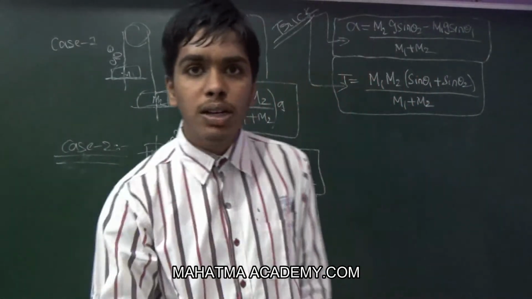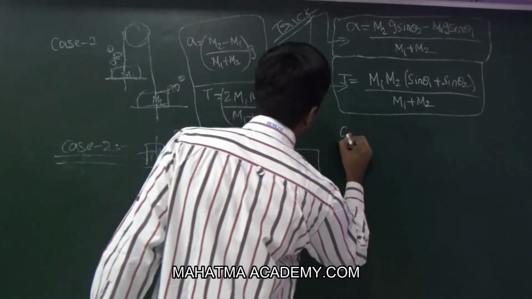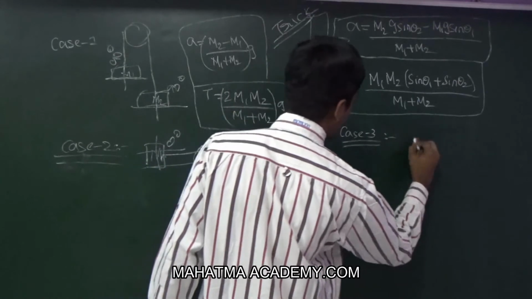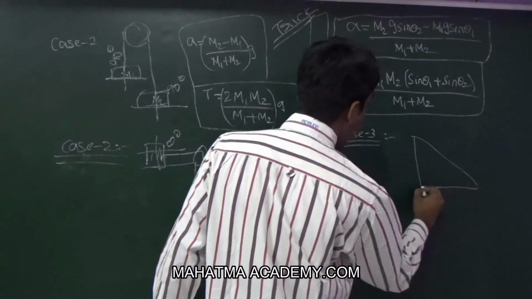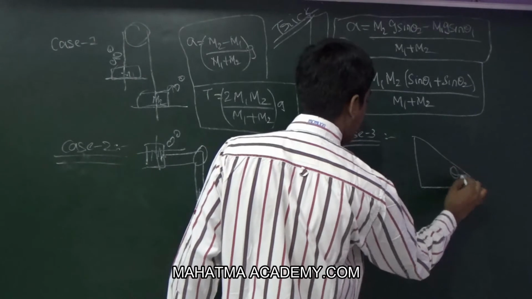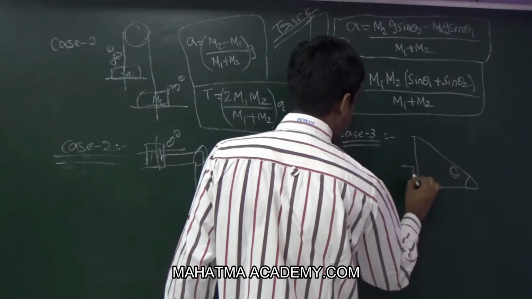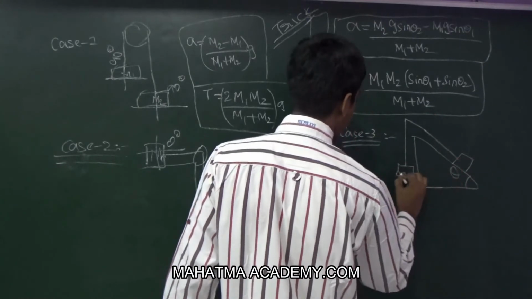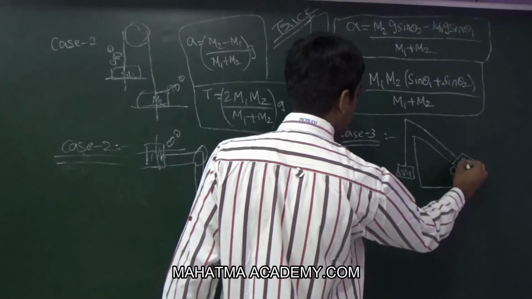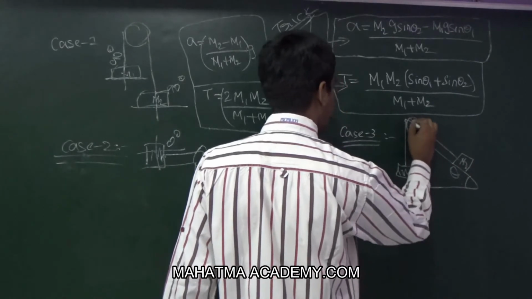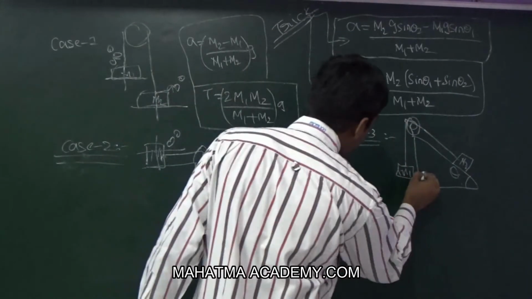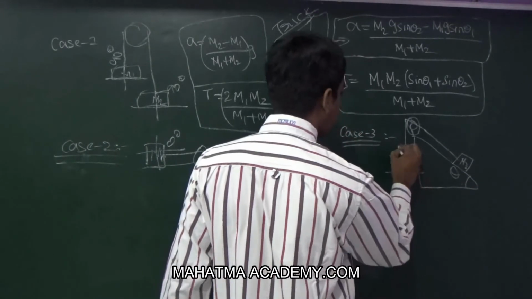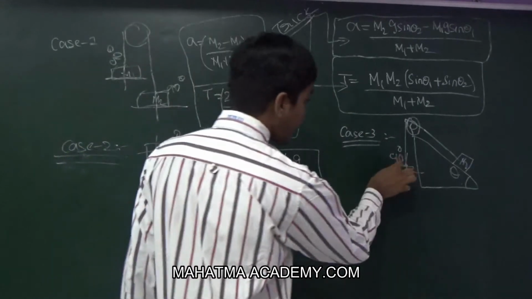Now if we want for the case 3, case 3 states that a body is vertical, another is on an incline with an angle theta. Now the blocks m1, m2, it is a pulley. Now here the block is at 90 degrees. It is theta 1.